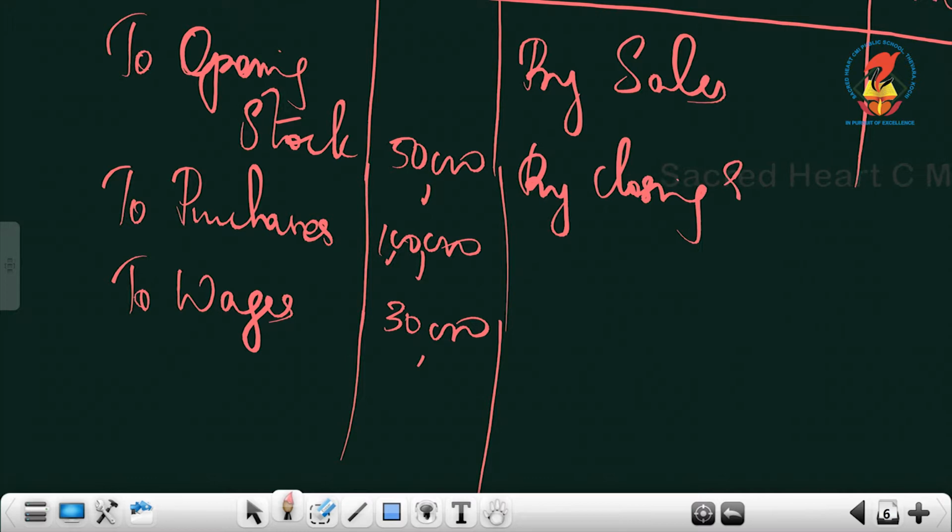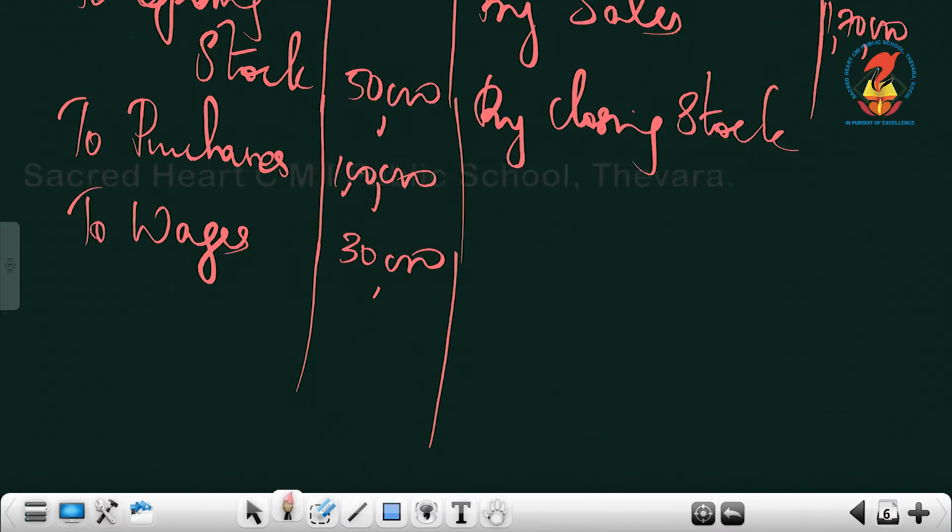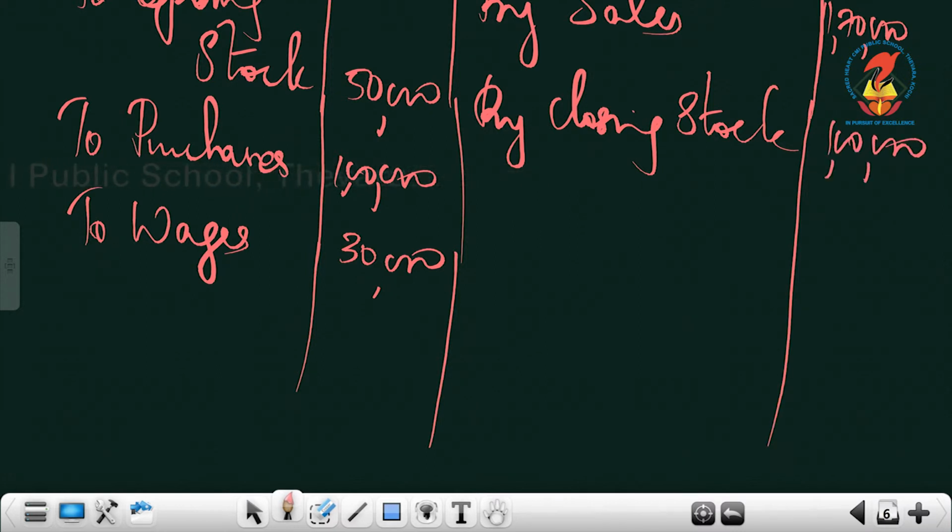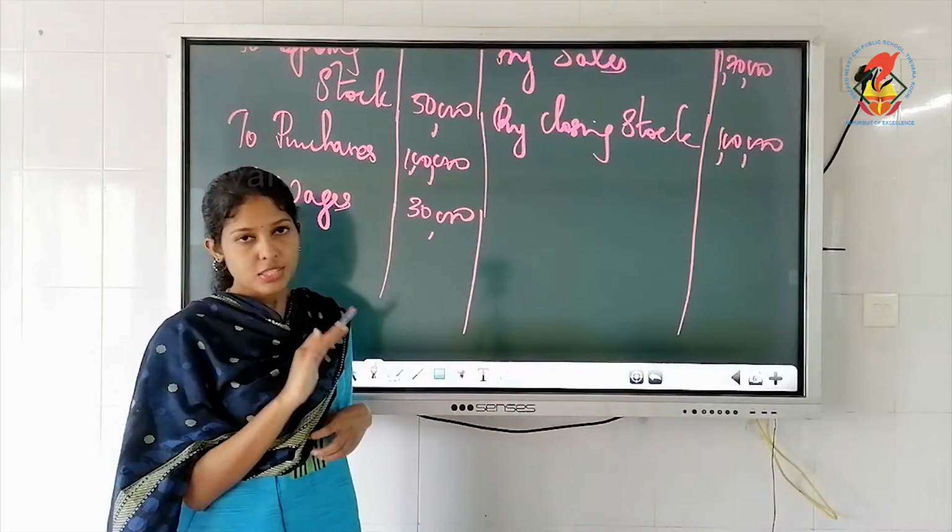Then we'll write on the credit side by sales and by closing stock. Closing stock value is given after the trial balance. Sales figure is 1,70,000. Look into your credit balances. It is 1,70,000 and the closing stock figure is 1 lakh. Finished? Yes, it is over.